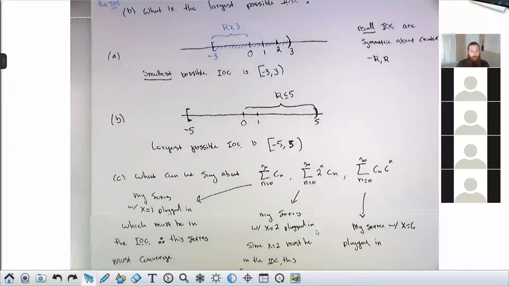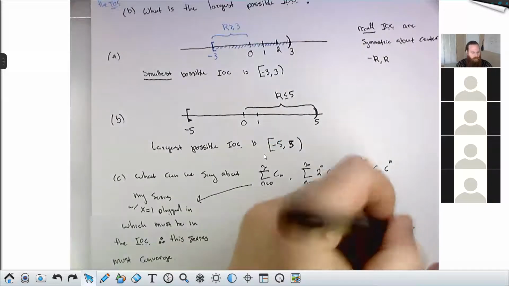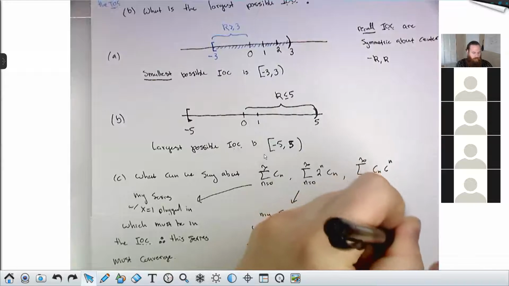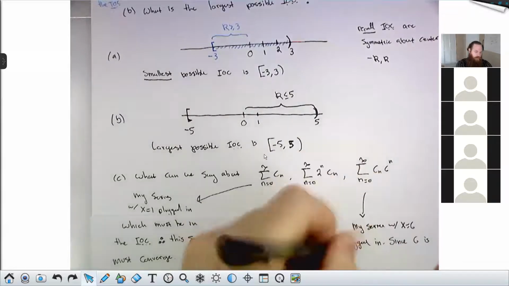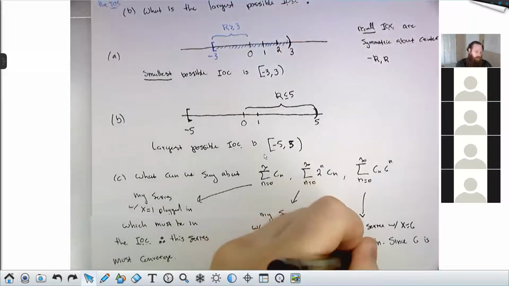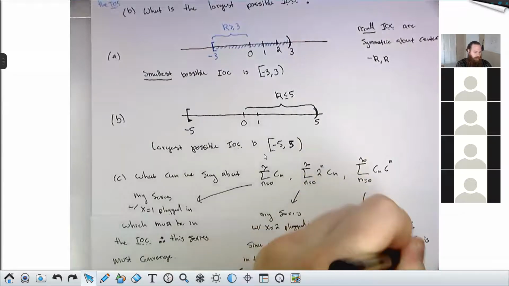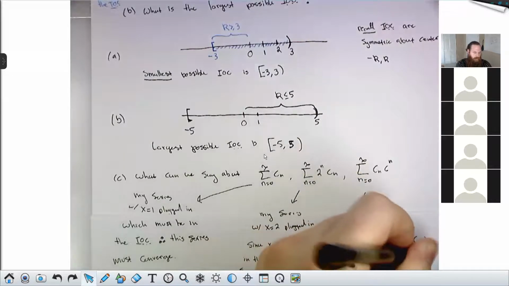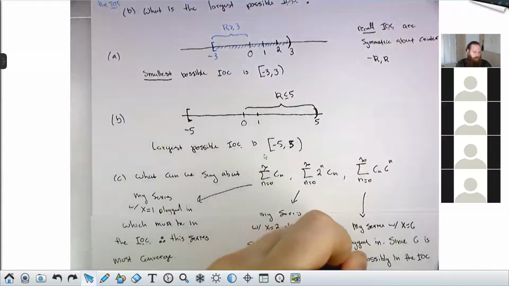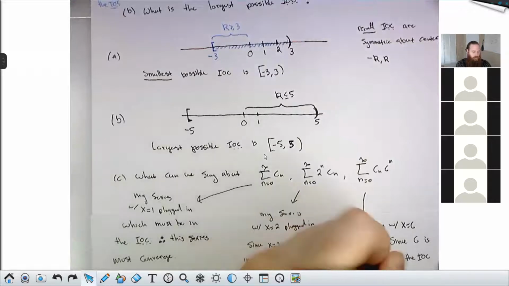No, because the largest possible interval of convergence is this, and 6 isn't in there. So since 6 is not possibly in the IOC, this series diverges.